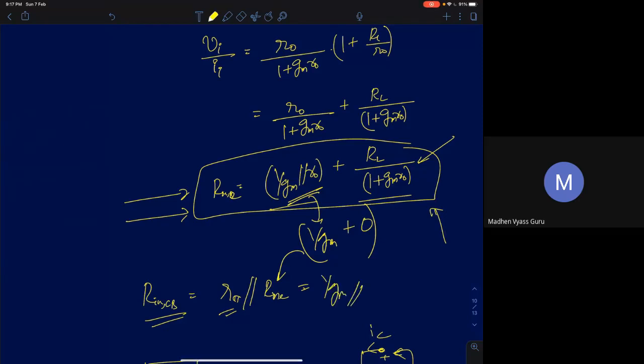So if I assume R naught as infinity, both the input resistance and output resistance are independent of load and source resistances. If I don't assume that, then they both depend on it.